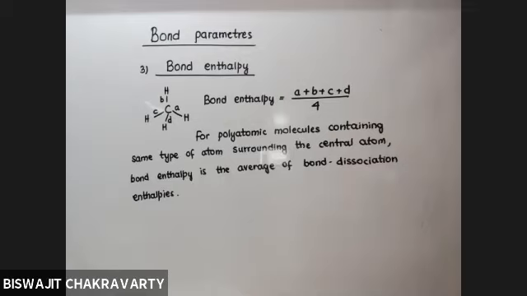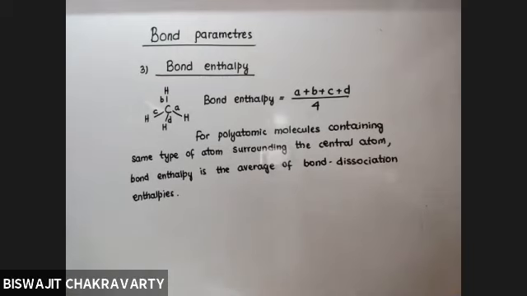Are you getting my point? Yes, sir. So bond enthalpy and bond dissociation enthalpies are not always the same. They are the same only if a molecule is diatomic. But for polyatomic molecules, they have different values. Clear? Written down up to this much?